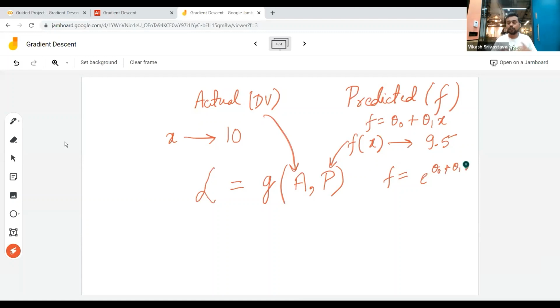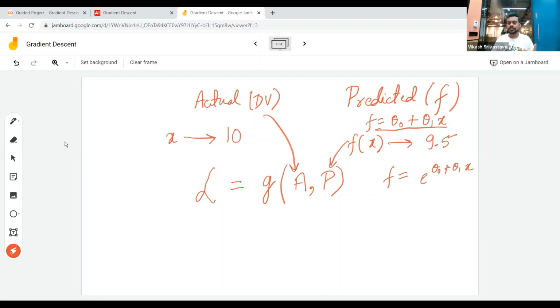There could be a lot of different functions, and different algorithms try to map different functions. In linear regression we have this basic function, but in logistic regression or neural networks there will be a different f. But the idea is we need to learn a mapping from x to y. How do we learn this mapping?